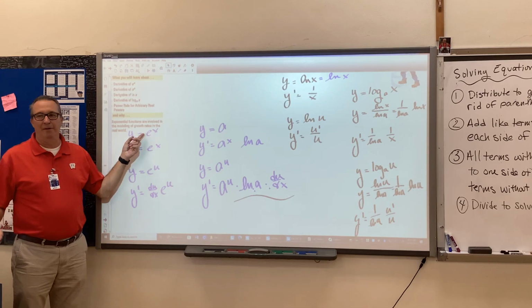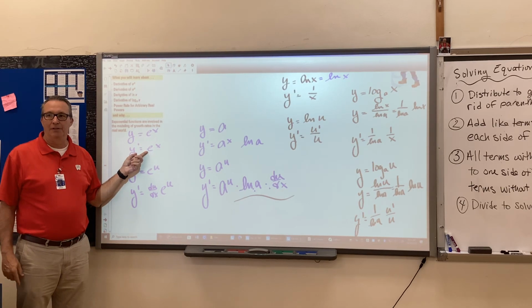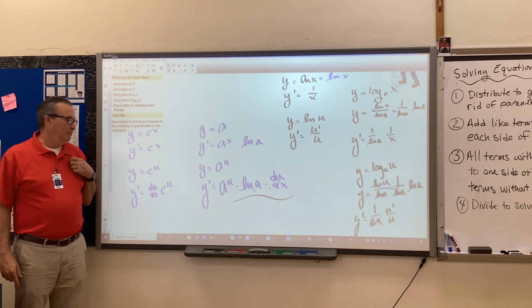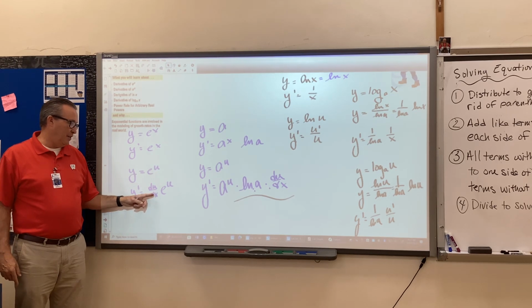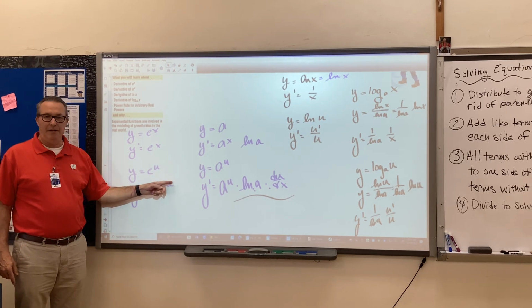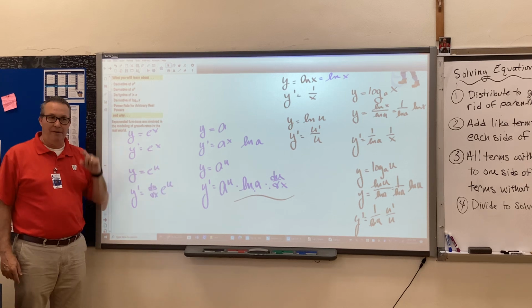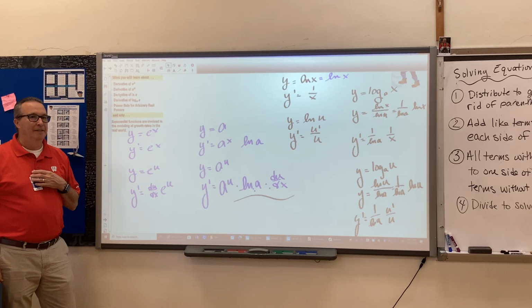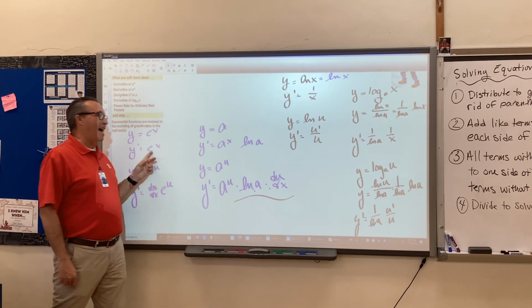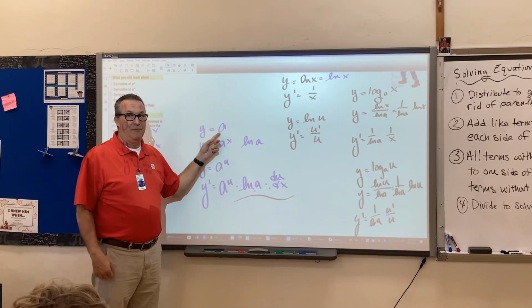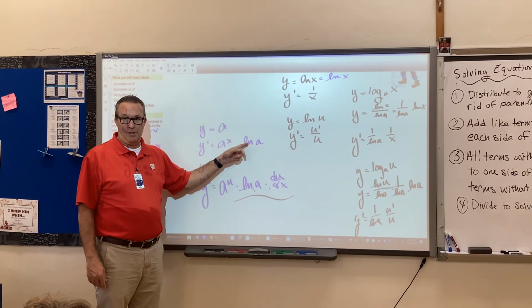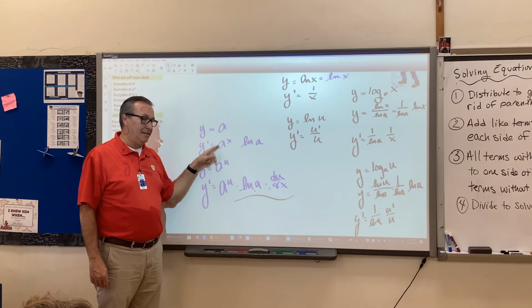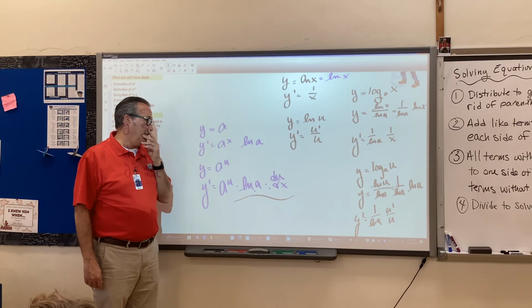So the derivative of an exponential is the exponential. If it's e to the u, it's just d dx times e to the u: the exponential times the derivative of that power. If it's an exponential with not e, like 3 to the x, the derivative is 3 to the x times the natural log of a, the natural log of the base of the exponential.